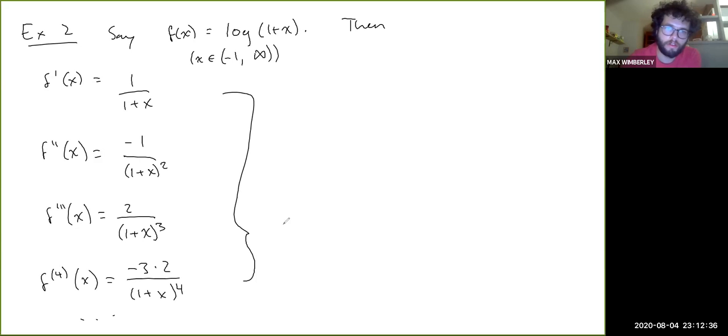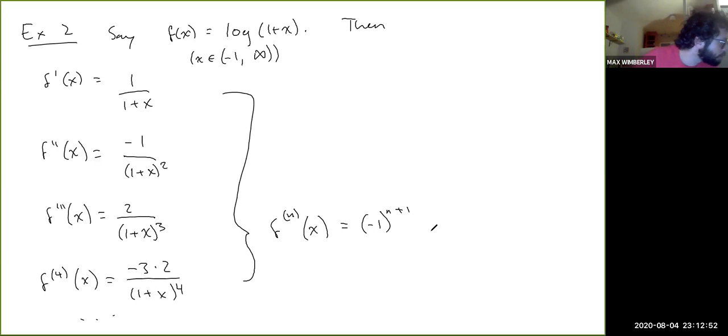So f^(n) of x we can write in general as (-1)^(n+1) times (n-1) factorial times (1 plus x) to the negative n.